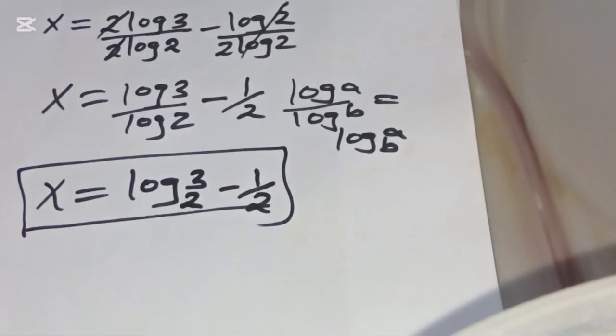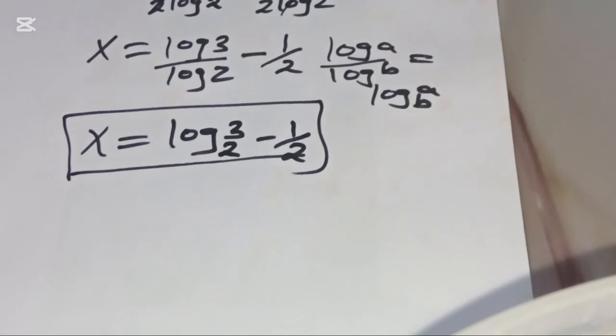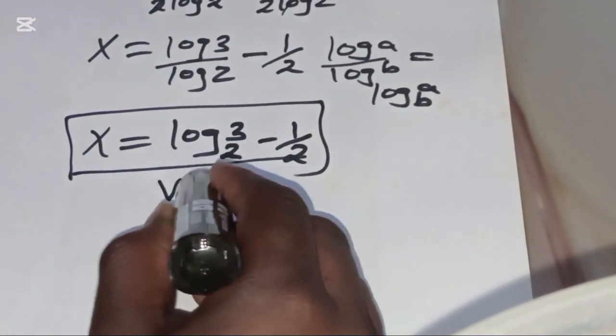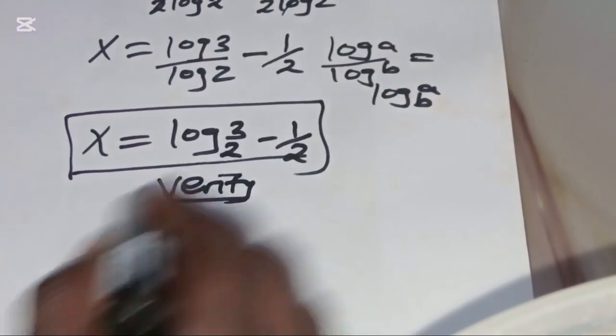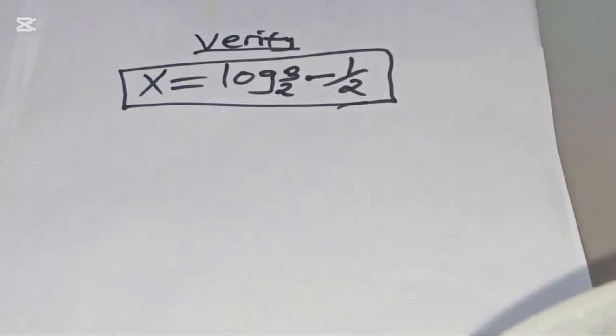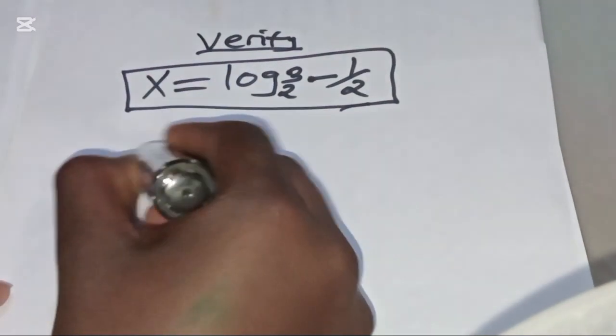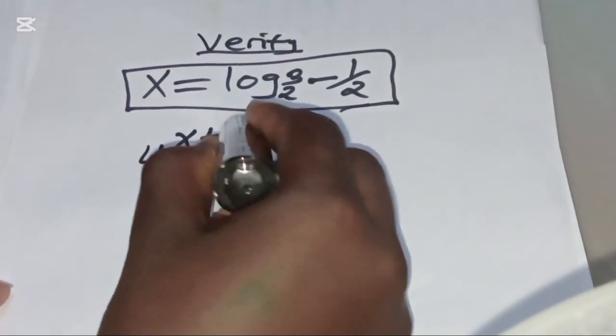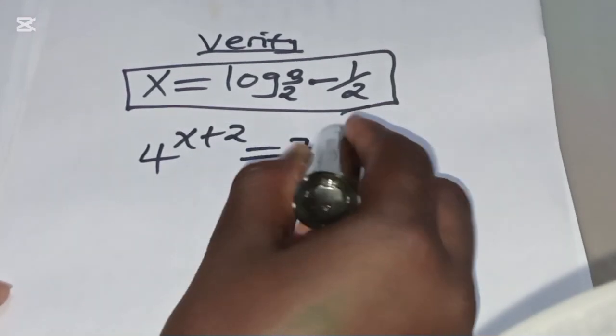Now let's verify if this value of x actually satisfies the equation. If you recall, 4 to power x plus 2 is supposed to give us a value of 72.